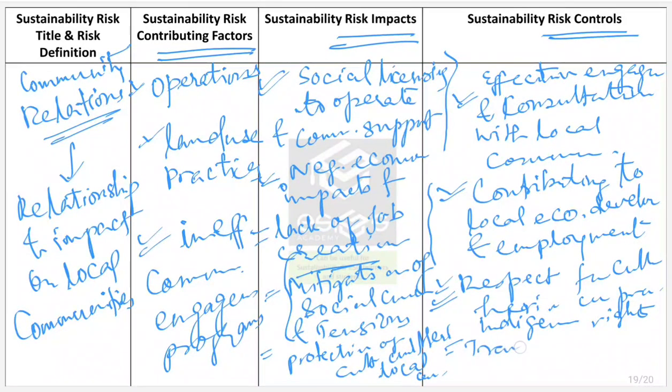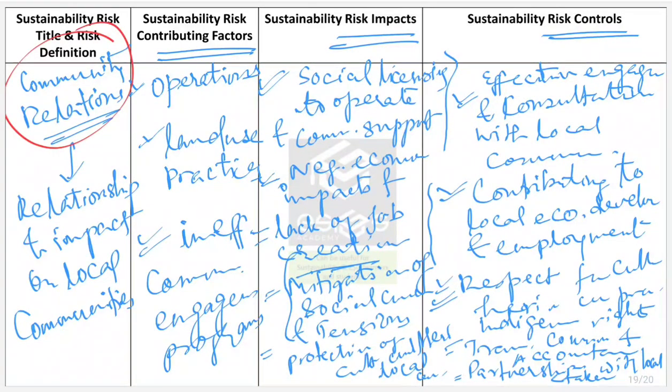Then transparent communications as well as accountabilities. Then we can say partnerships with local organizations and stakeholders.